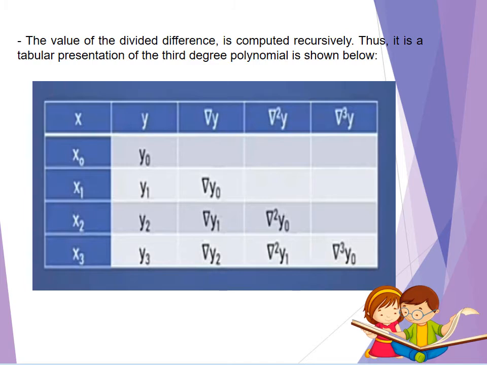Kanang na mga inverted delta is computed recursively. So, best example aning recursive kay is Fibonacci sequence. Example, may 1, then naay 1, 1, 2, 3, 5, 8.